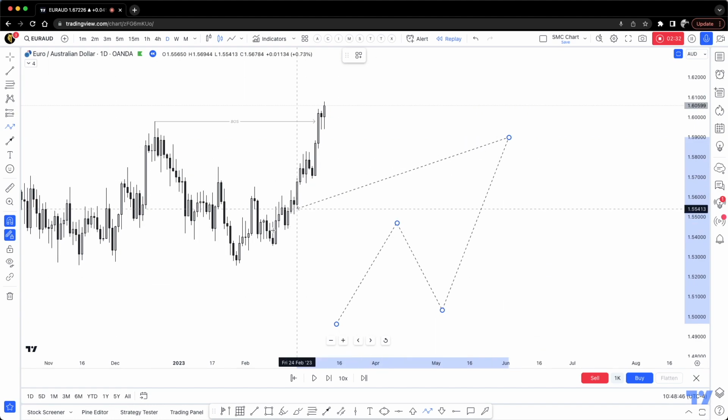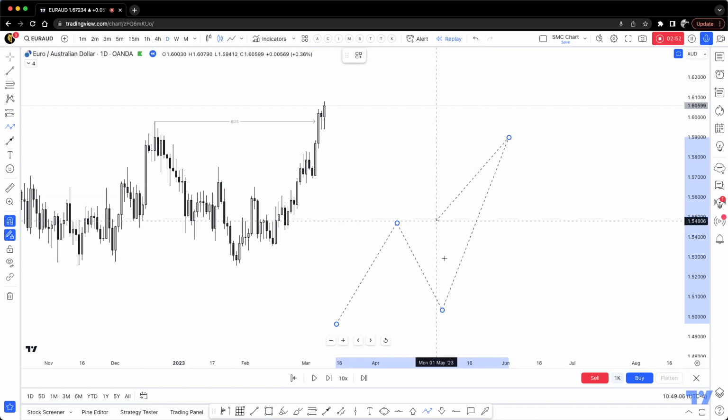Now, of course, Eduardo, but I'm seeing multiple things. I see an impulse, a correction, impulse, correction, impulse, correction, impulse, and so on. The line you're drawing right here is not as it is right here. That's right, but that's why you have to understand market structure.